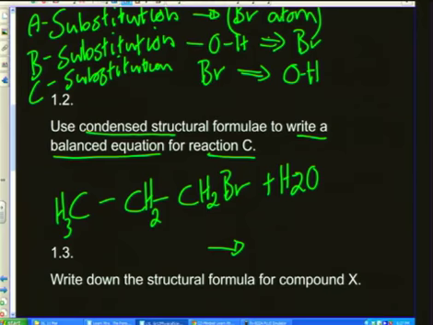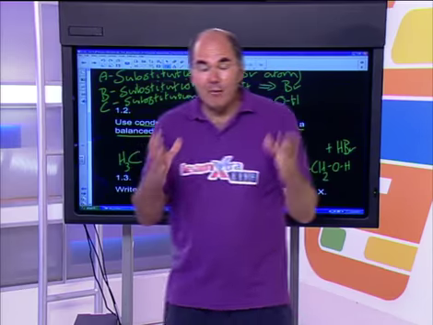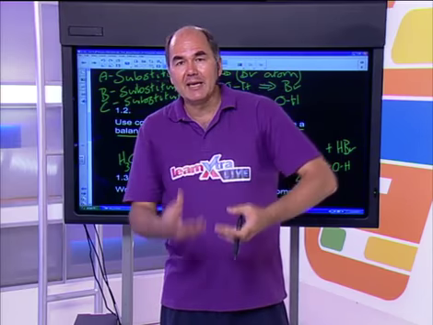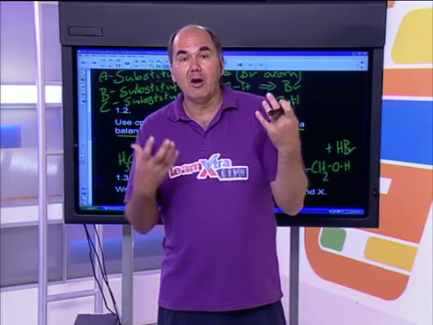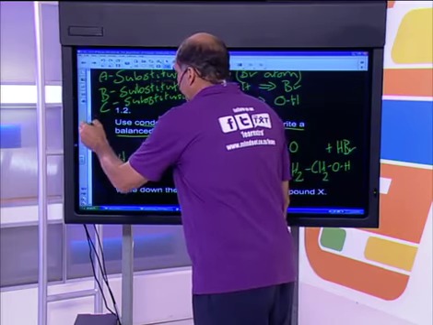And what I'm going to end up with is CH3CH2CH2OH, and here's the important thing, plus HBr. So there we go, we've got a substitution taking place. It's an example of a hydrolysis using the water.